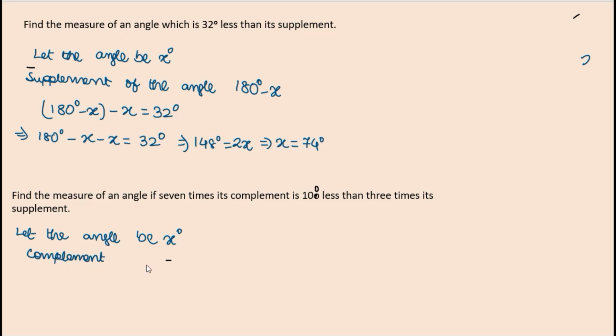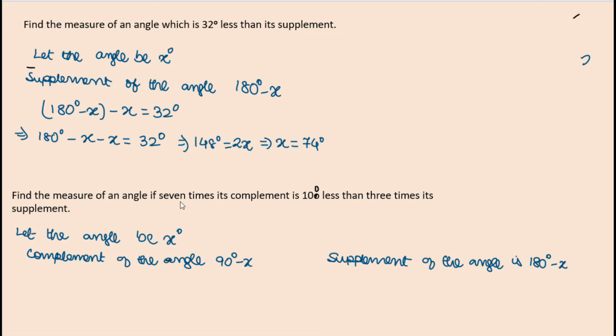The complement of the angle is 90 degree minus x, since complement means the sum of the angles gives you 90 degree. The supplement of the angle is 180 degree minus x.